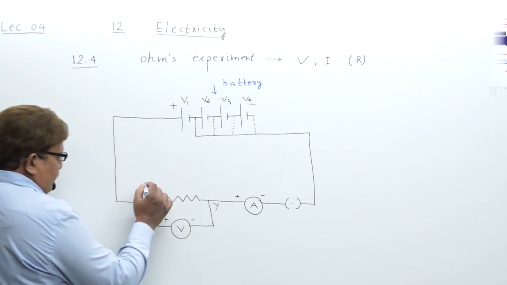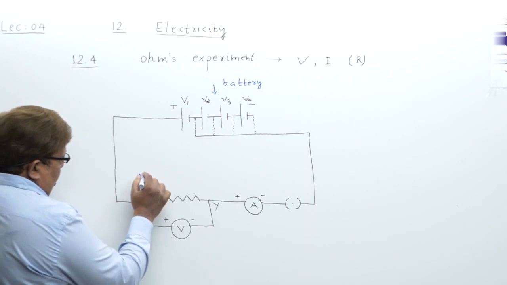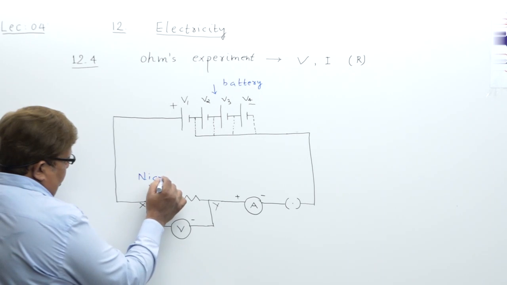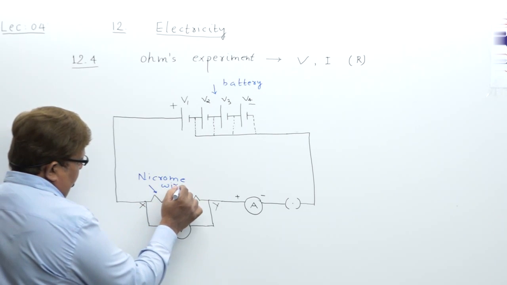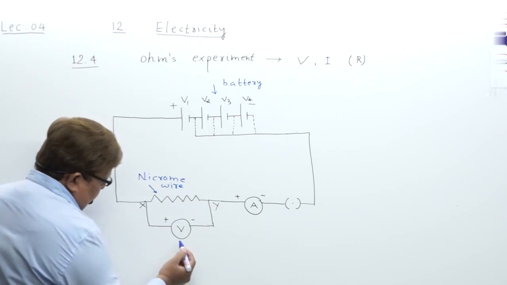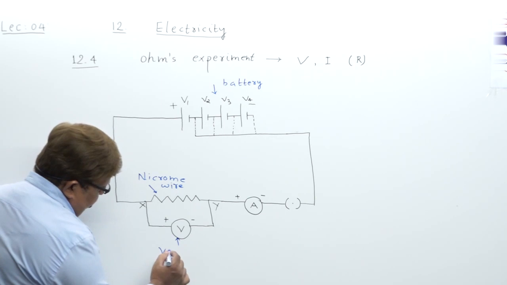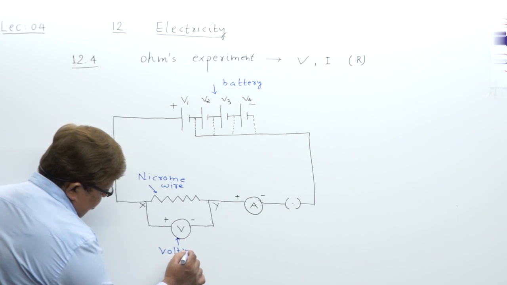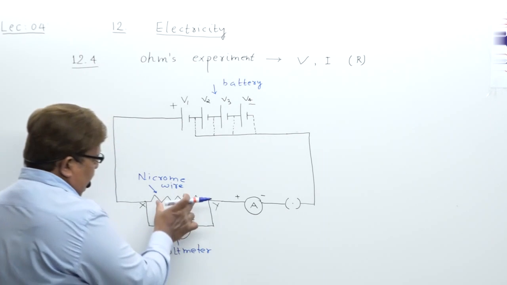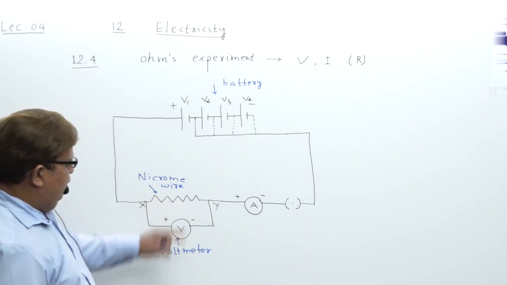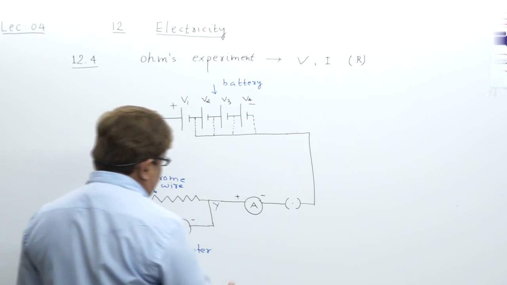Then this is actually a nichrome wire, okay, which offers a fair amount of resistance. This is a voltmeter, okay, to measure potential difference across the two ends of the resistor, okay.